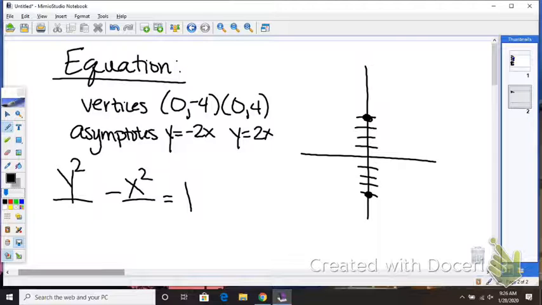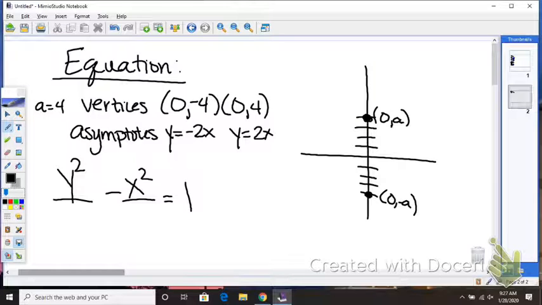Everybody good with that? Okay, what is my A for this problem? 2. No, not 2. It's 4. A is 4 because that's my vertices. Remember, these vertices are like (0, a), (0, -a). So A is equal to 4.